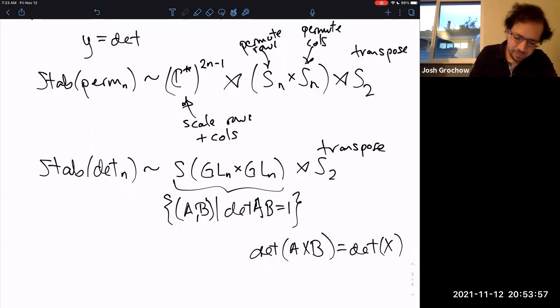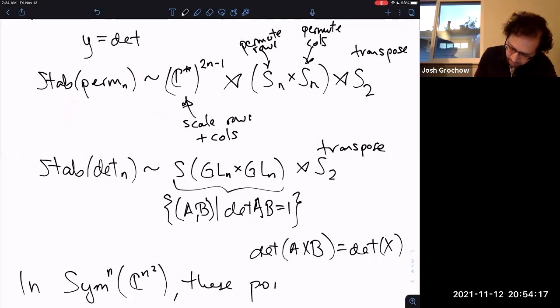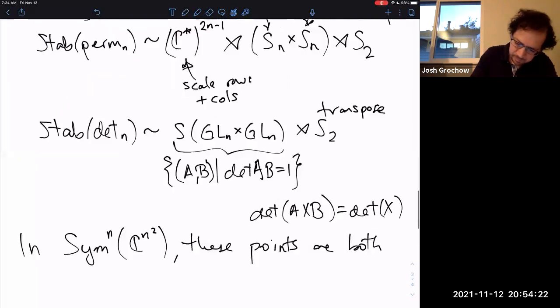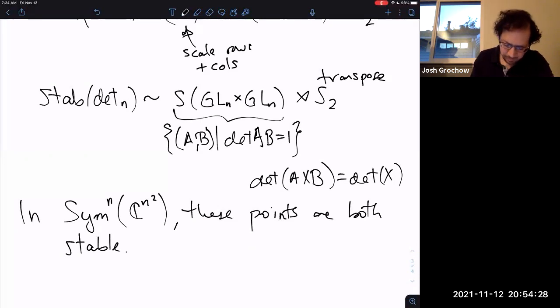So it turns out that both of these points, in the natural space in which they live, these degree n homogeneous polynomials in n squared variables, are both stable. Actually stable, not just partially stable, actually stable. Okay.